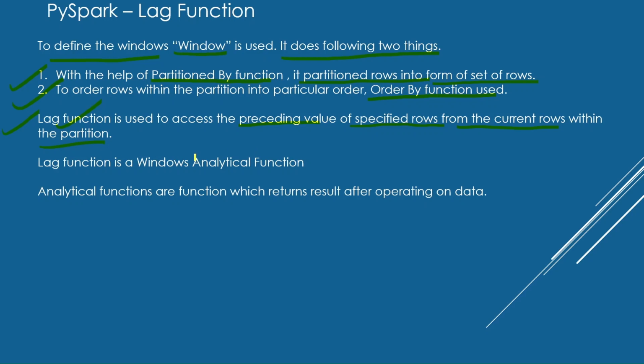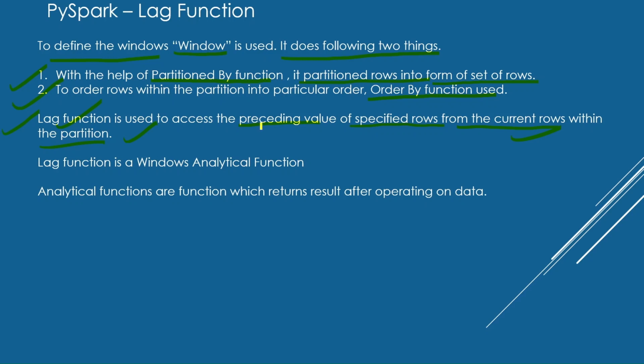If you are not able to understand what the lag function is, what it means to get the preceding value of specified rows from the current row within the partition, it's okay. You will get a better idea once I show you in a practical exercise.